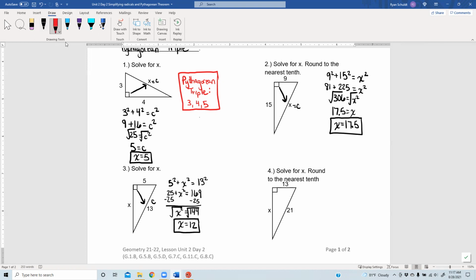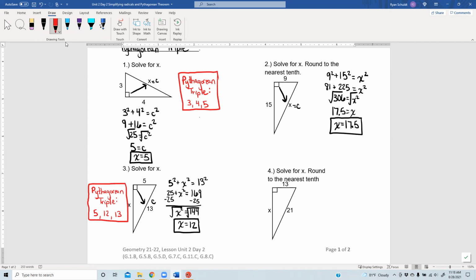Here's another Pythagorean triple. You're like, what's another Pythagorean triple? Well, x is 12. So that means our sides are 5, 12, and 13. They're all whole numbers. Those are Pythagorean triples. Again, it's one of our basic ones.